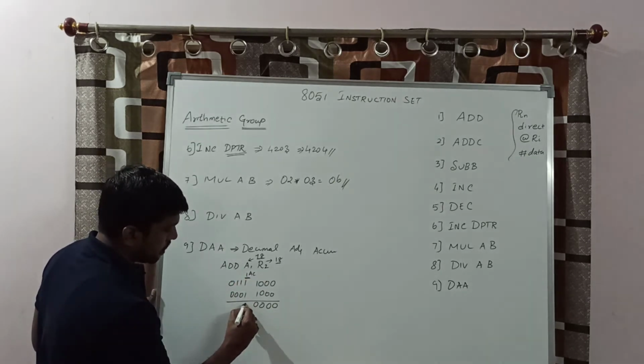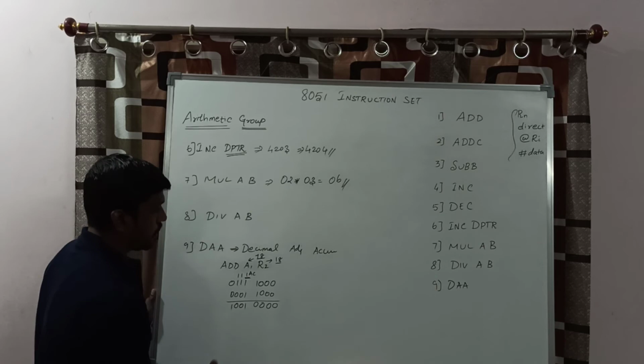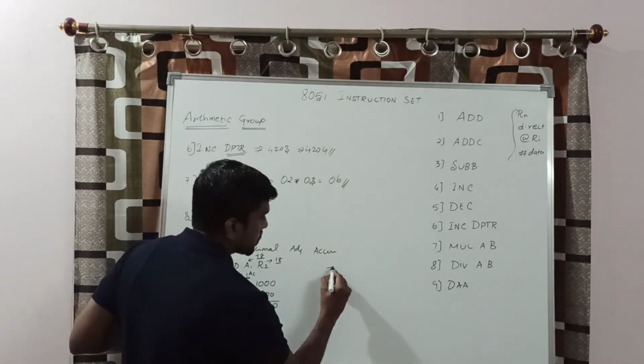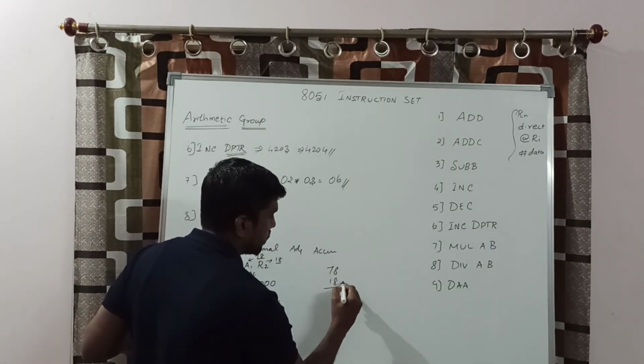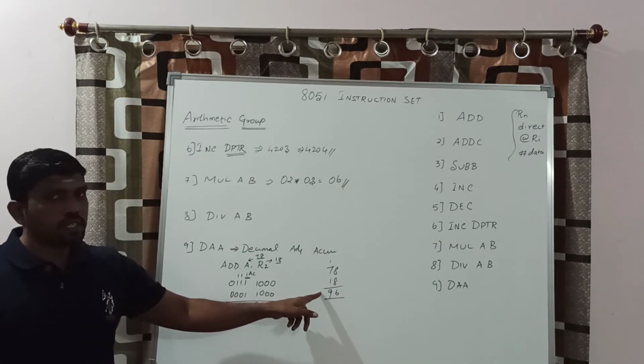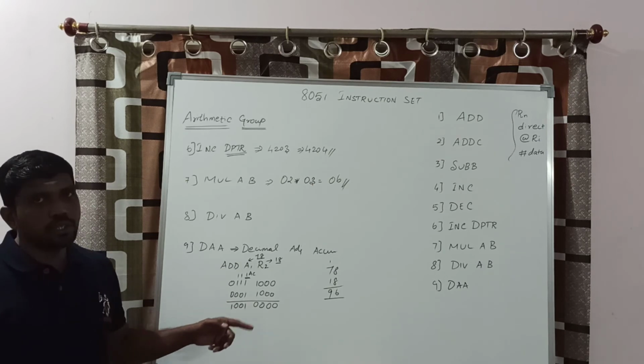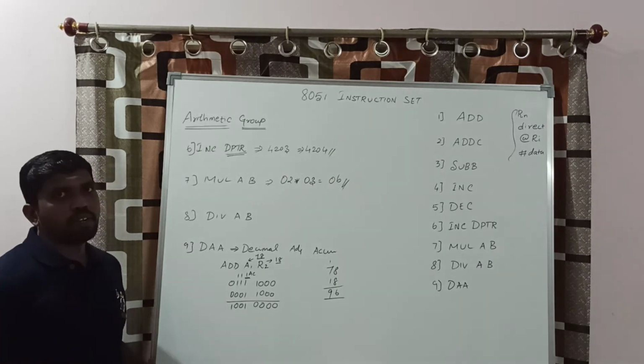Triple 1, 1, carry 1, 0, 0, and 1. The result is 78 plus 18, which should be 96, but after addition, here you get 90. It's not a valid BCD number.